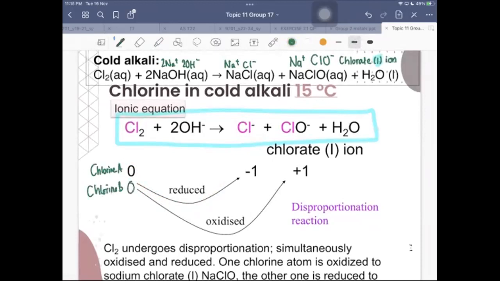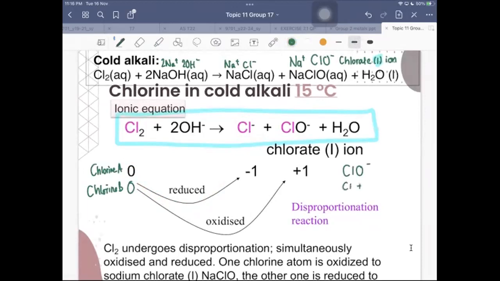So chlorine B, the second chlorine, will be oxidized into +1. Chlorine with an oxidation number of +1 in a ClO minus ion. So how do I work out the oxidation number of the chlorine in ClO minus?